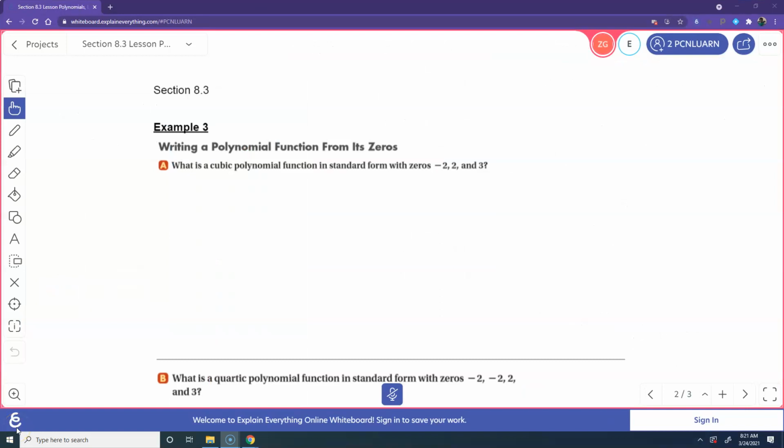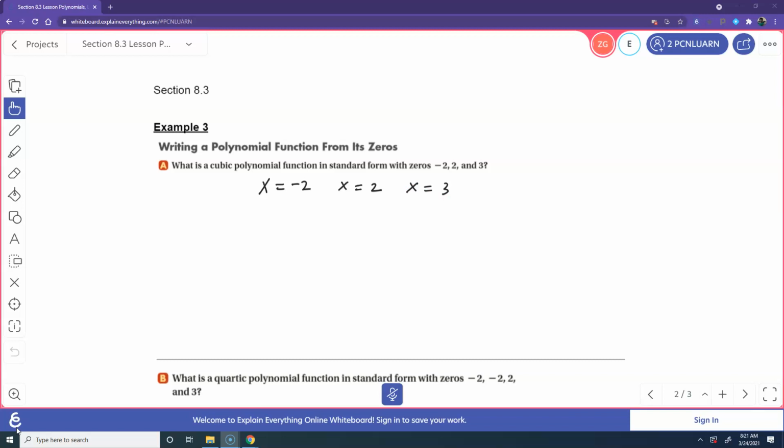Example 3, we're writing a polynomial function from its zeros. So the first step is to write x equals negative 2, x equals 2, x equals 3. That's the first step.